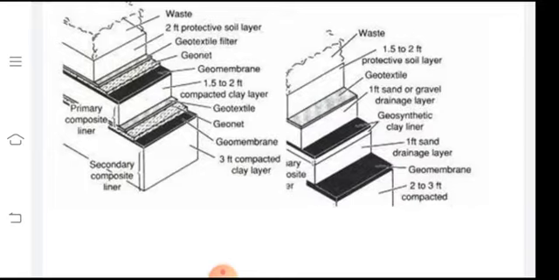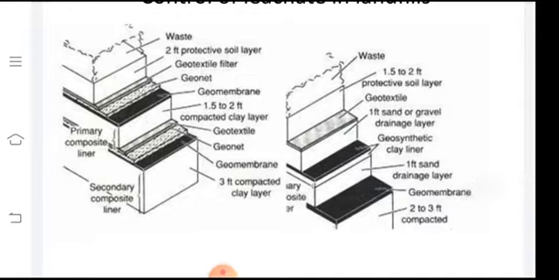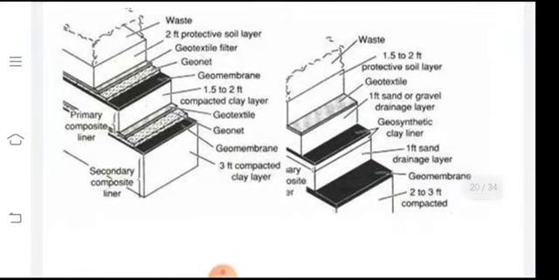In addition to this, we have a compaction of 2 to 3 feet, depending upon the nature of waste. We have hazardous waste and non-hazardous waste in the sanitary landfills, so these two figures are separately for each category of the landfill.